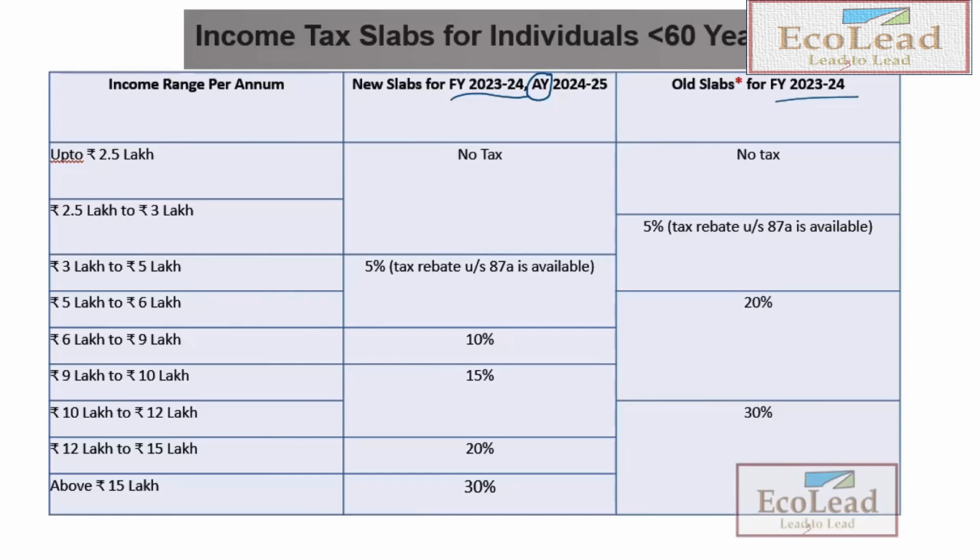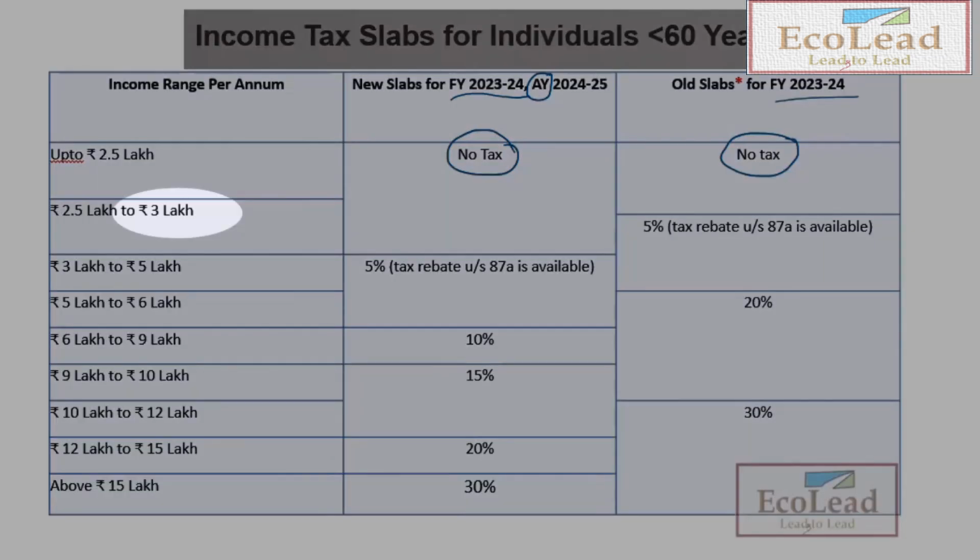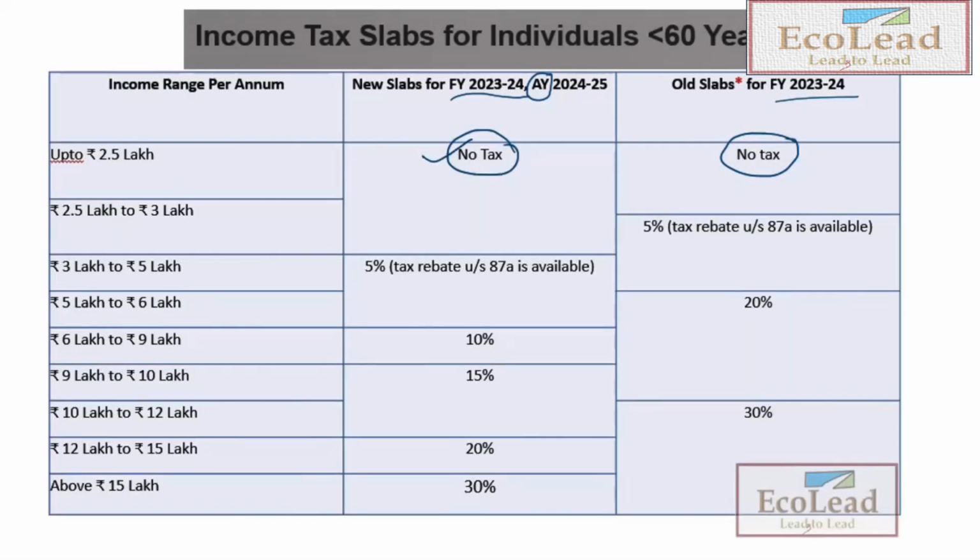Now if you look at the slabs, there is no tax to be paid up to 2.5 lakh rupees under the old tax slab, but 50,000 rupees extra is available for the new tax slab. So up to 3 lakh there is no tax for the new tax regime.